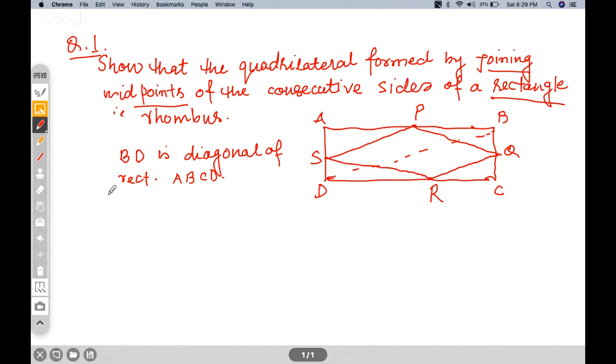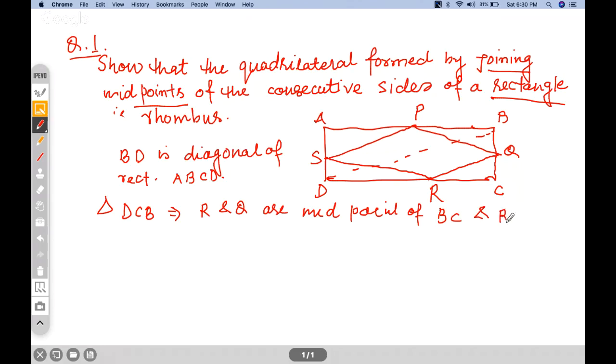Now, if I take triangle DCB, so what happens in this triangle, that R and Q are midpoints of DC and BC.